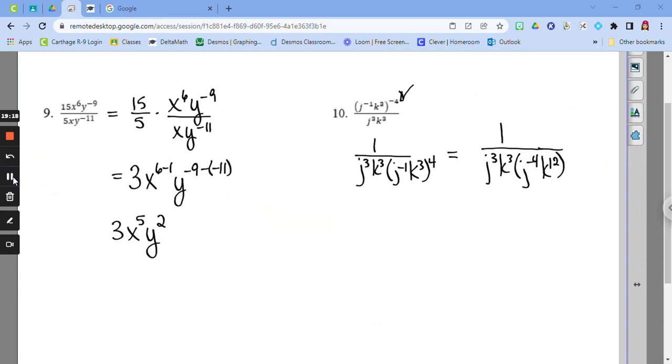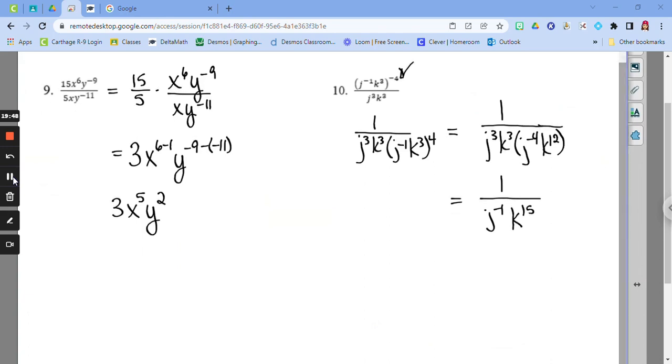Now, I have the multiplication rule, so I just add the exponents. Three on j, 3 plus a negative 4 is a negative 1. 3 plus 12 for k is 15. Okay.